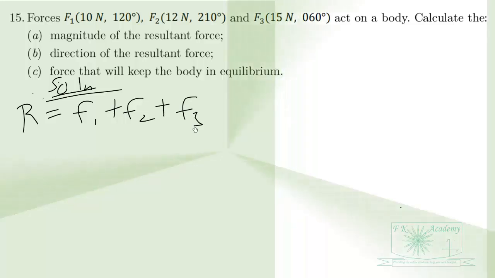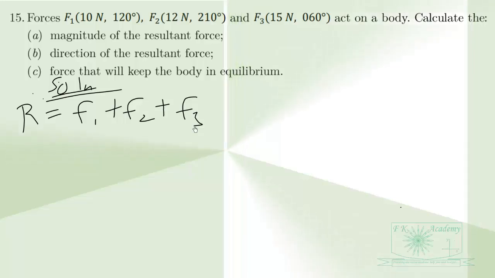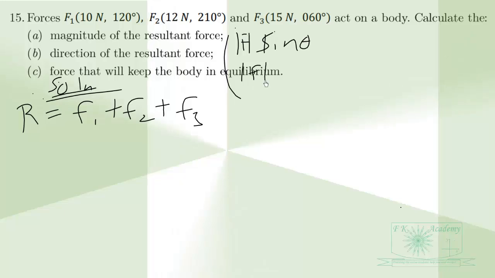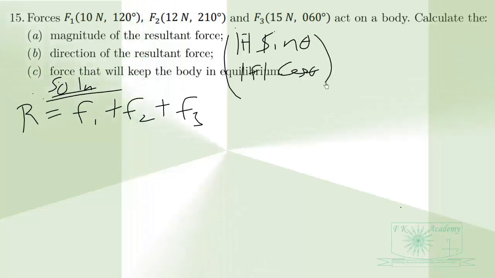That's the direction and magnitude, so we have to convert it to the column vector form. We resolve each of these vectors using the formula: magnitude of the force times sine theta, then magnitude of the force times cos theta. That is what we are using to resolve the forces.